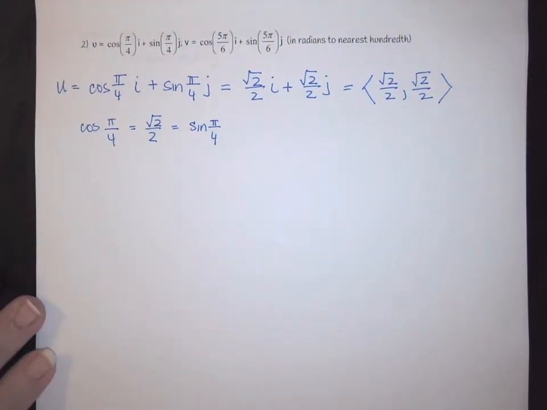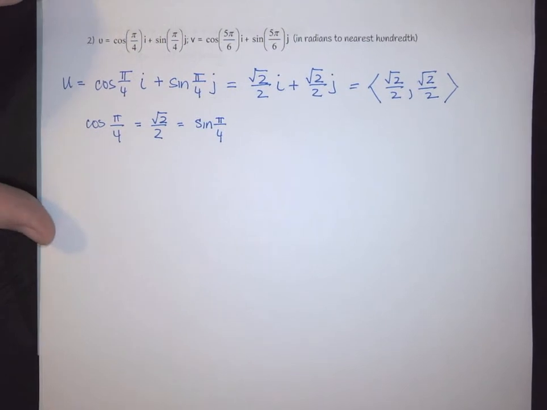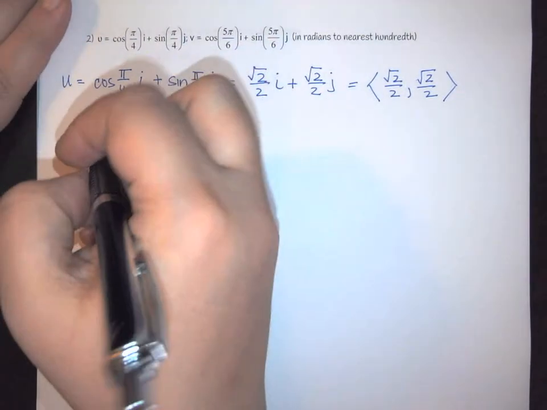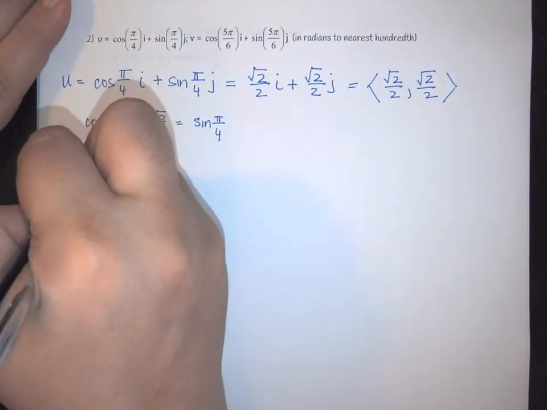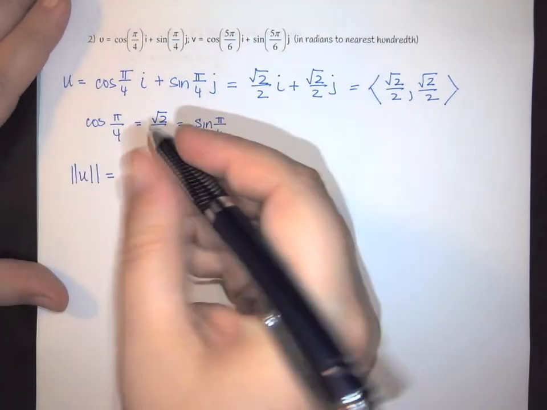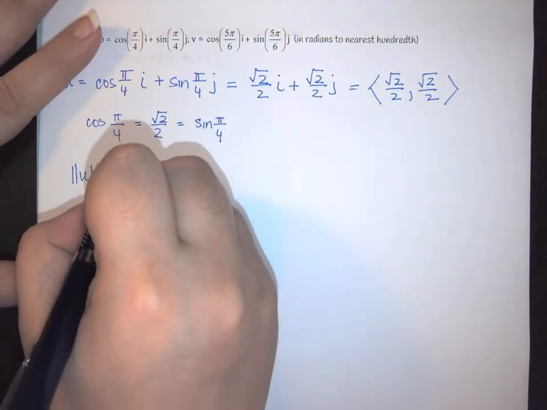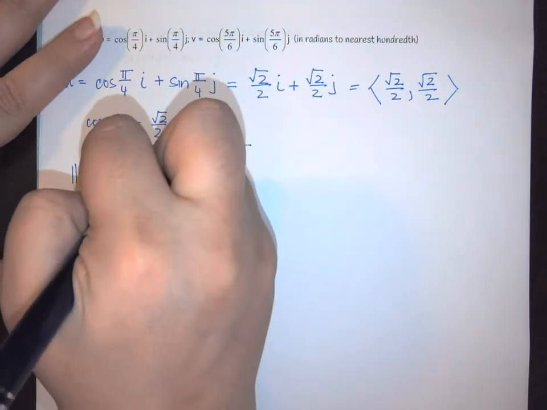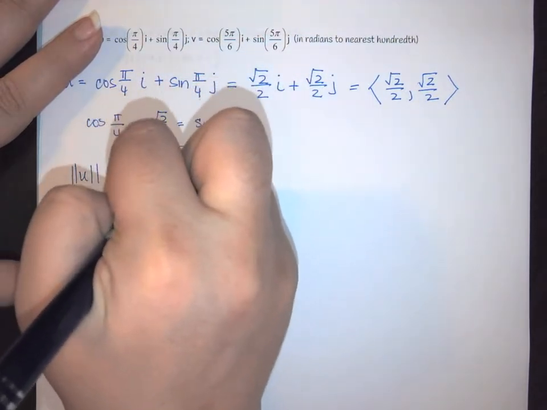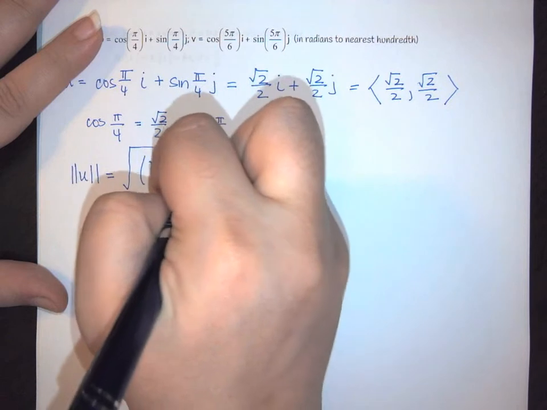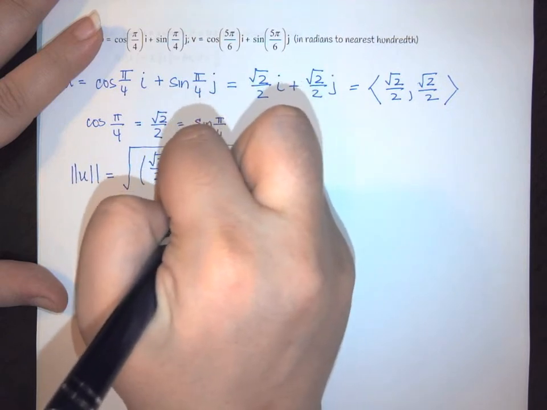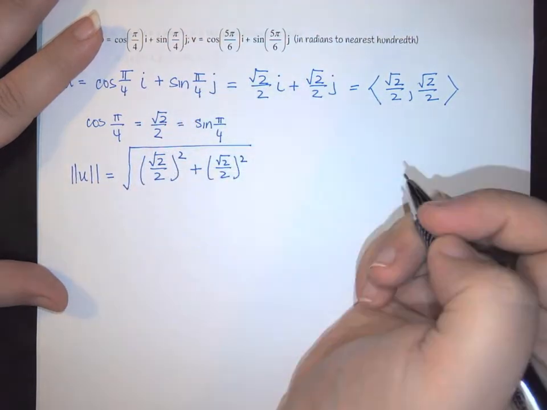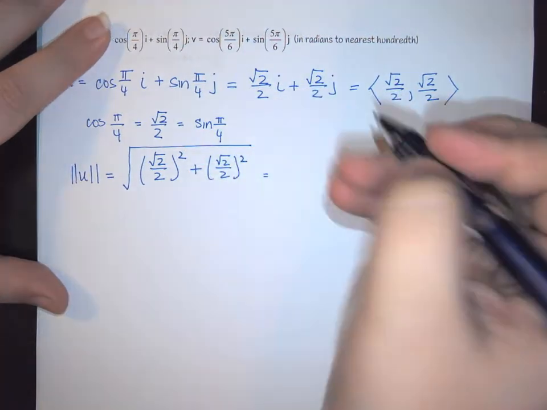Now with that, I can calculate its magnitude. So this is going to be the square root of the square root of 2 over 2 squared plus the square root of 2 over 2 squared. So with that, we can start to simplify.